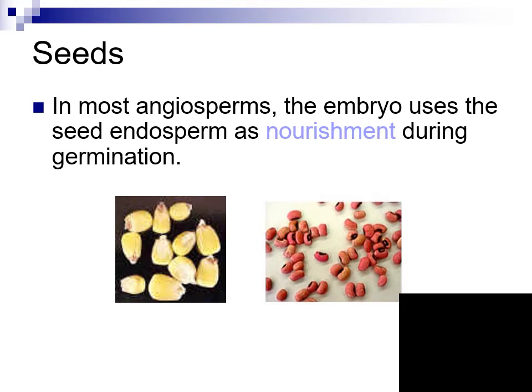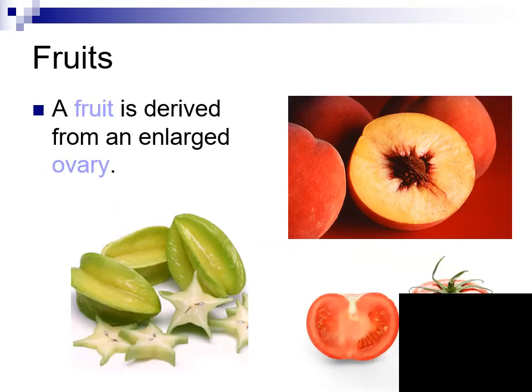So if you eat corn, or if you eat beans, kidney beans, black beans, garbanzo beans, whatever, what you're getting nourishment from in those beans or in those seeds is the endosperm that was there for that little plant embryo.